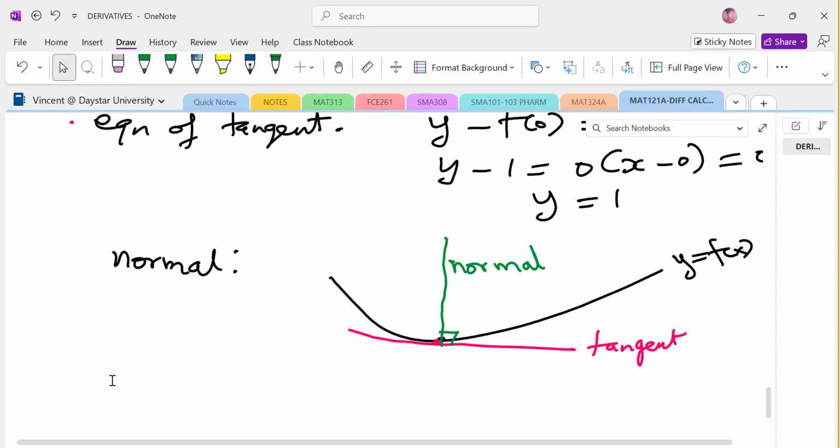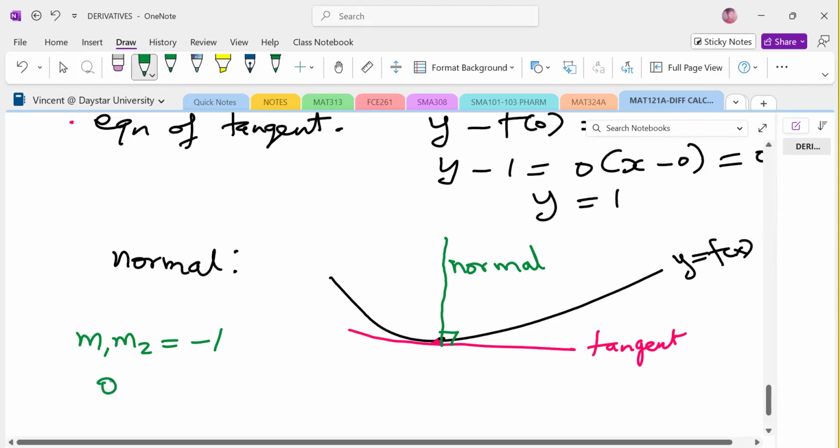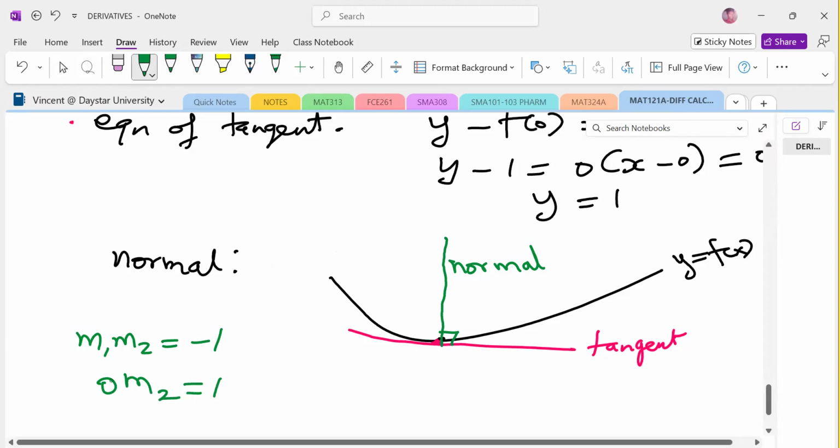That's the property of perpendicular lines. So m1 times m2 should give us -1. So 0 being the slope of the tangent, times m2 equals -1. You see this will give us 0 equals -1, which is absurd.